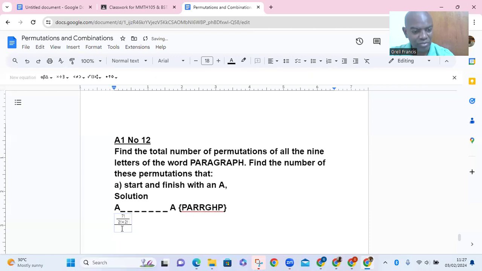So that repeated arrangement has to be divided out. So this has to be divided by 2 factorial because of the 2 A's, and that will give us 630.